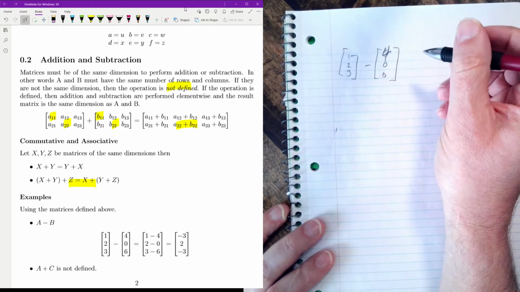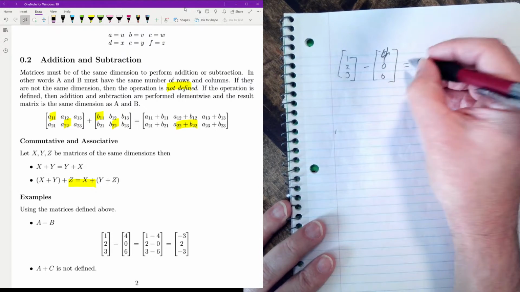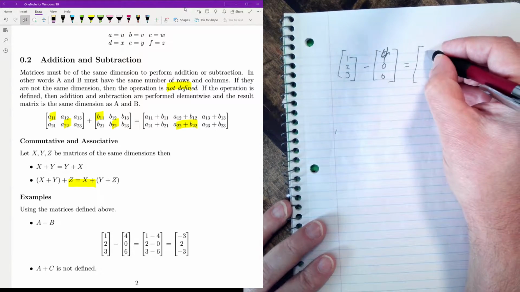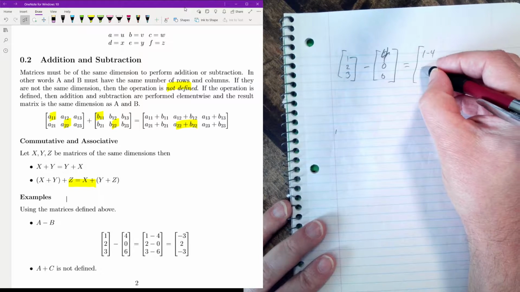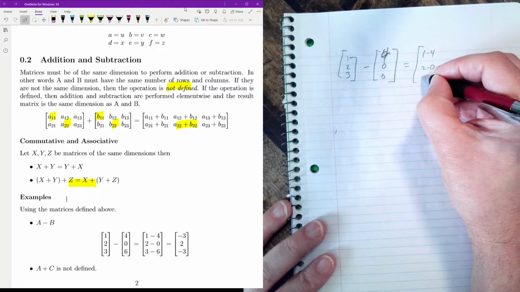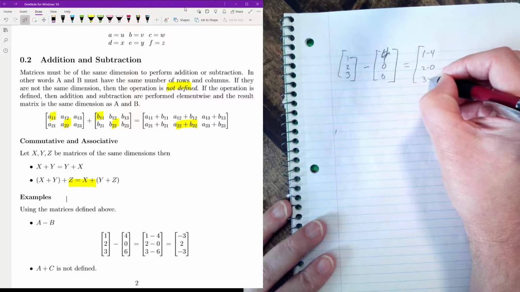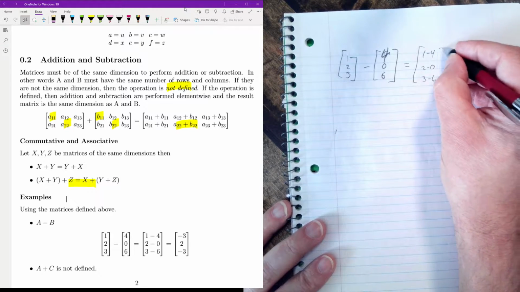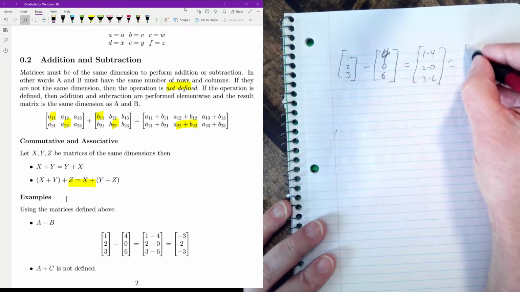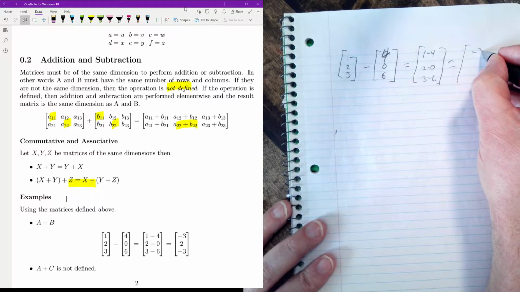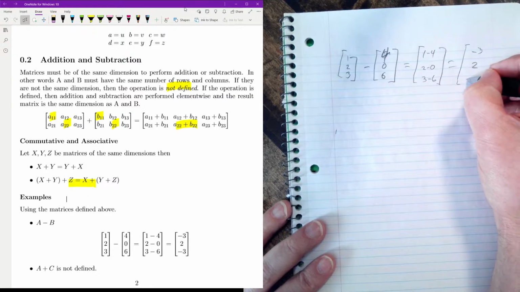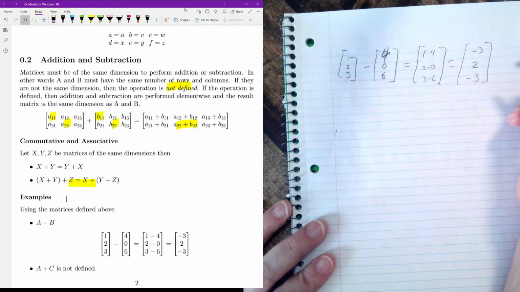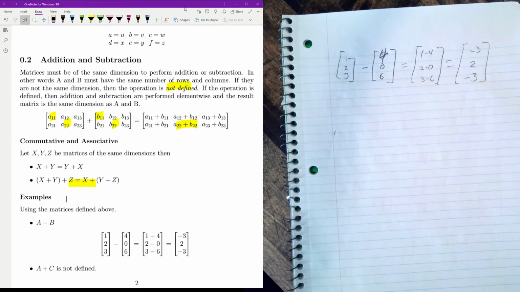We do the operation element-wise, which means 1 minus 4, 2 minus 0, 3 minus 6. That equals minus 3, 2, and minus 3. We just step through the operation element-wise.